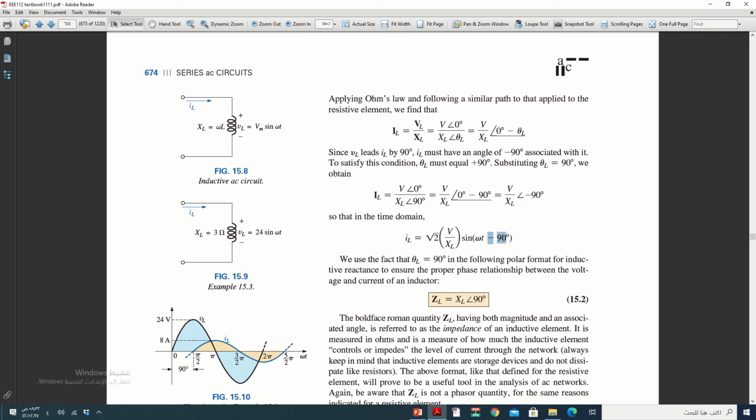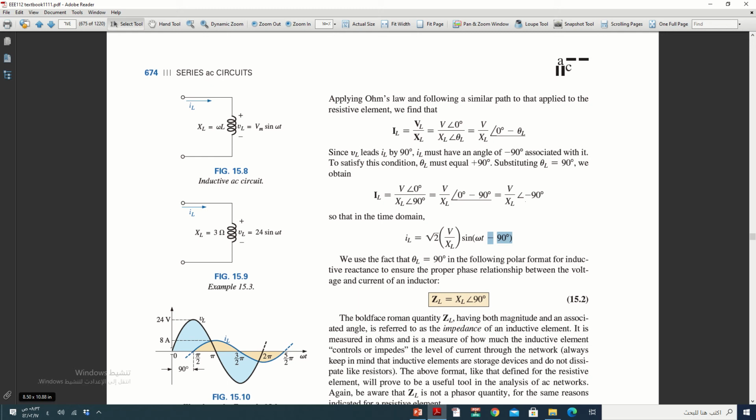What does minus 90 mean? This means the current starts from 90 degrees, like here. The voltage starts from 0 and the current starts from 90 degrees.